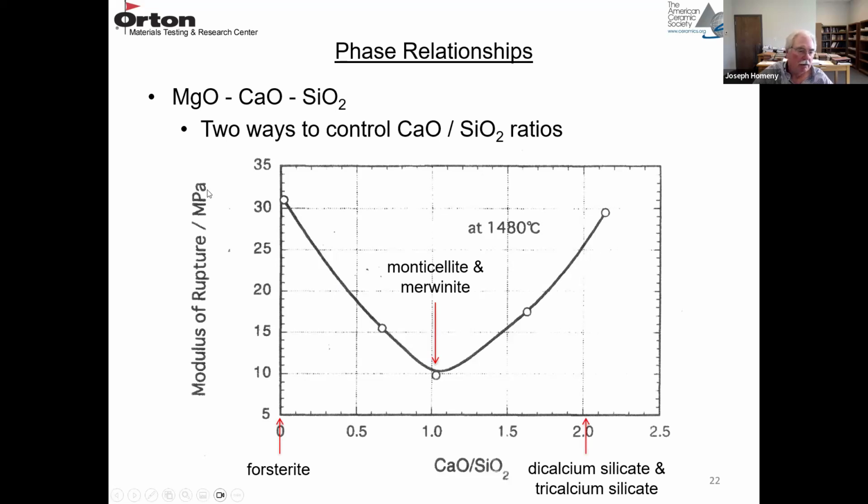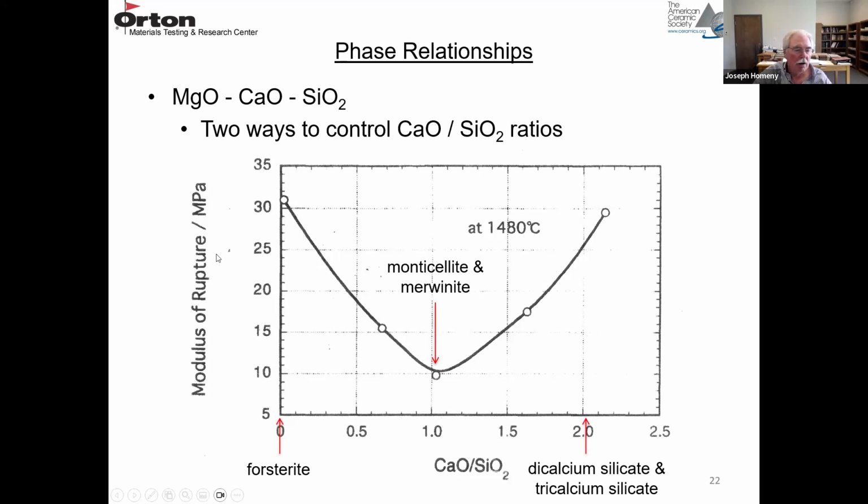If you plot MOR, modulus of rupture, in megapascals from about 5 to 35 megapascals versus this lime to silica ratio from 0 to about 2.5.